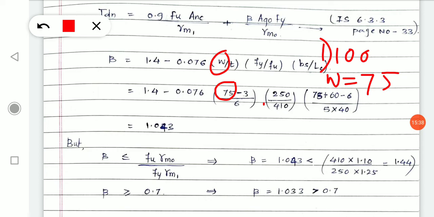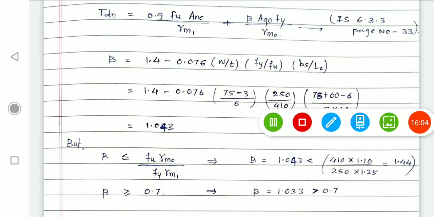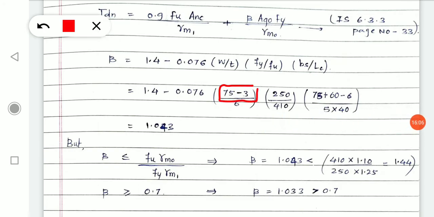Because when you connect an angle with a gusset plate like this, you have to consider the distance up to this part, and therefore you should take 75 minus 6 by 2, which is 75 minus 3. That's what I wrote over here. 75 minus 3 divided by 6, where 6 is the thickness of your angle.